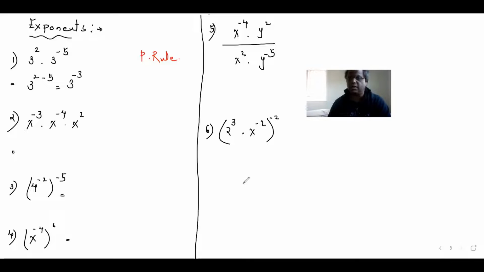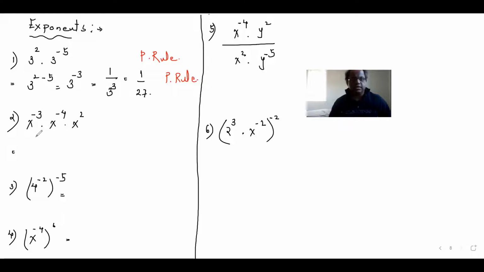But if I force you to do this example strictly in positive indices, then it will be 1 over 3 to the power 3, which is 1 over 27, and here I use the power rule as well. So in a single example, I use two rules.